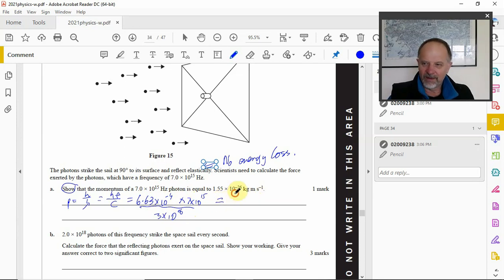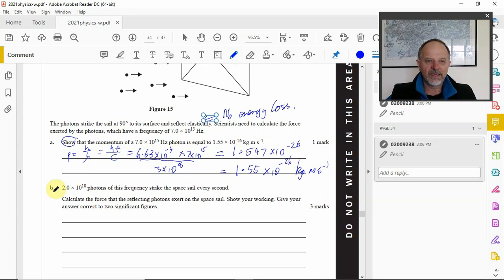And when we do that, we get 1.547 by 10 to the minus 26, which, of course, when we round that to 2 decimal places, it's 1.55 by 10 to the minus 26. It's all standard units that we've used, so that's kilogram meters per second. All right, so you need to give all of that because you've got to show.